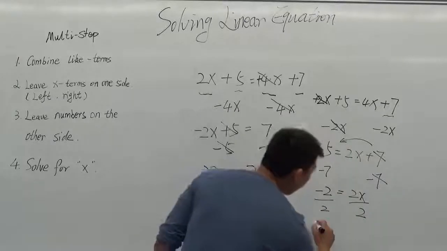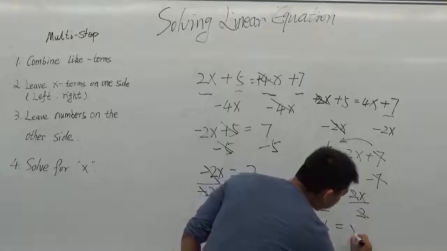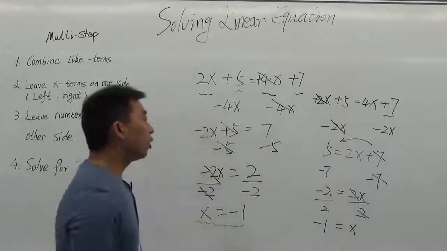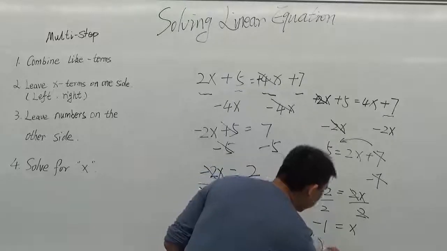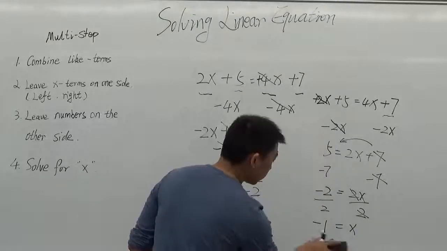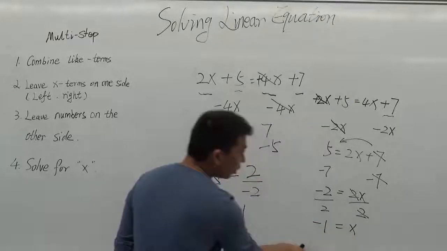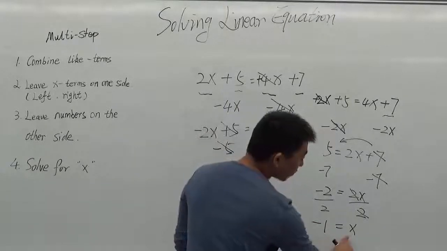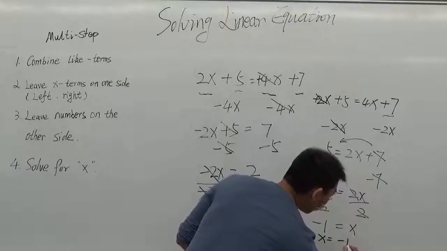Then we have negative 1 equals x, the 2 cancels out. Remember that our final result should be x equals something. So we need to switch it, because negative 1 equals x is the same as x equals negative 1.